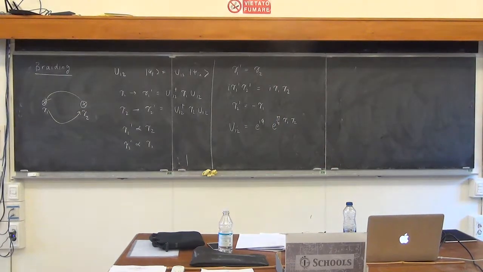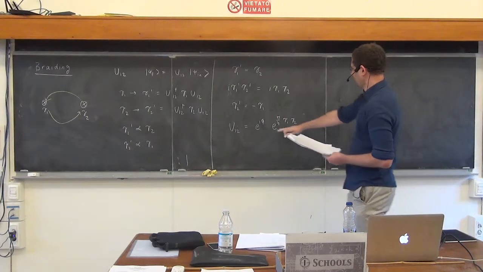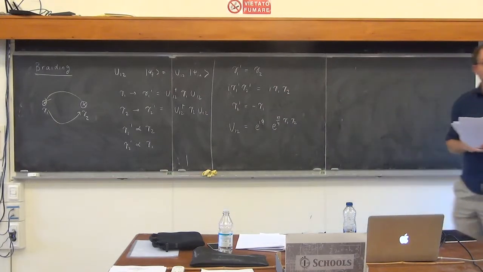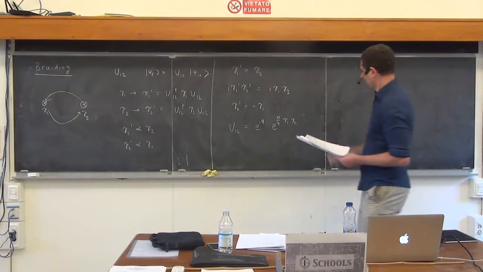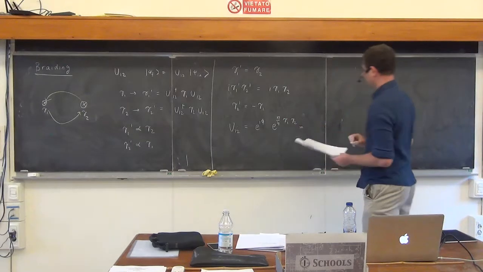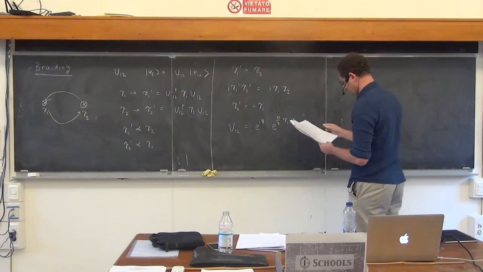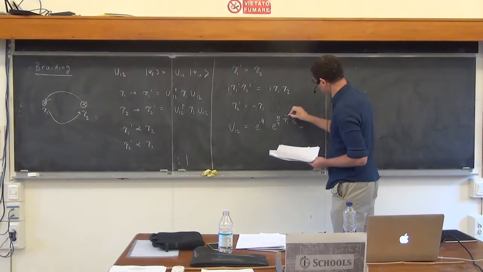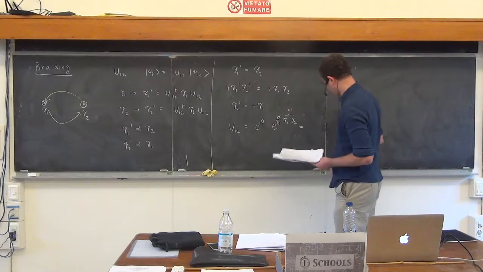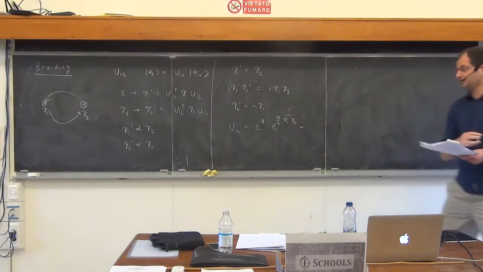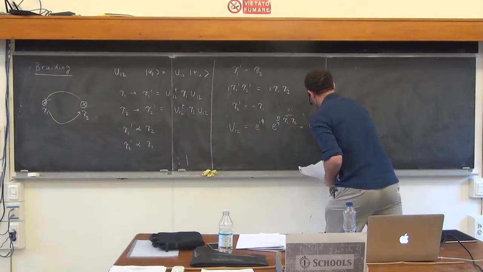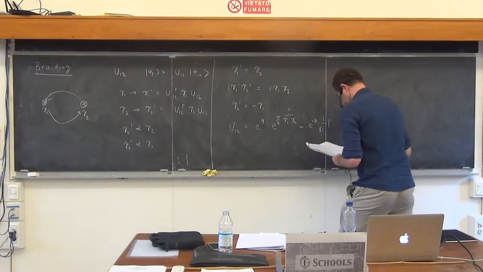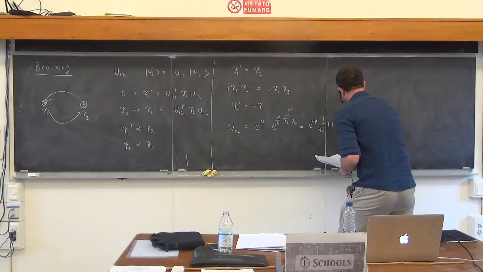And you can check explicitly, just by substituting this in here, that these relations hold. The exponential of this 2 by 2 matrix is very simple, because the eigenvalues of this are just plus or minus i, so you can write it explicitly as e to the i phi 1 over root 2 times 1 plus gamma 1 gamma 2.